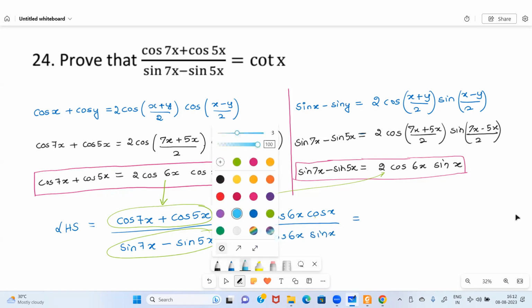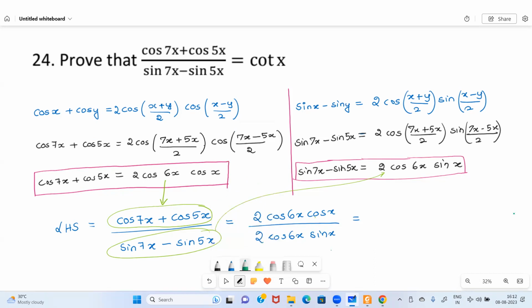Just observe. 2 and 2 get cancelled. cos 6x and cos 6x get cancelled. You are left with cos x divided by sin x. And we know that sin x by cos x is tan x, and the reciprocal of that is cot x. So cos x by sin x is in fact cot x, and this is exactly what we needed to prove.